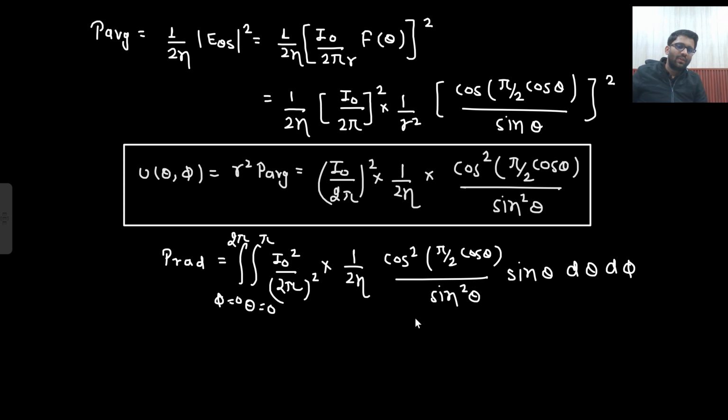Now you need to integrate this with respect to theta, which is difficult, right? This is a difficult task, but let's see what all things we get. So P radiated is also there.